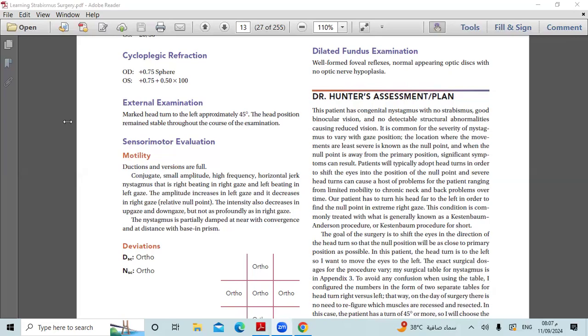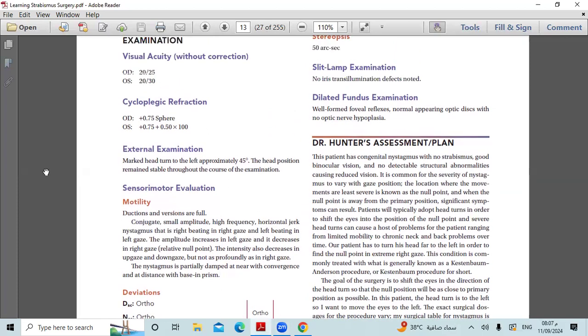And the other thing is the vision. Almost the vision in congenital motor nystagmus is very good, better than 6/12. But in other forms of nystagmus, especially congenital sensory nystagmus, the vision is almost always very poor.